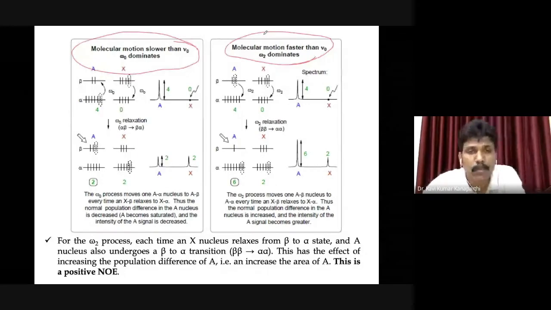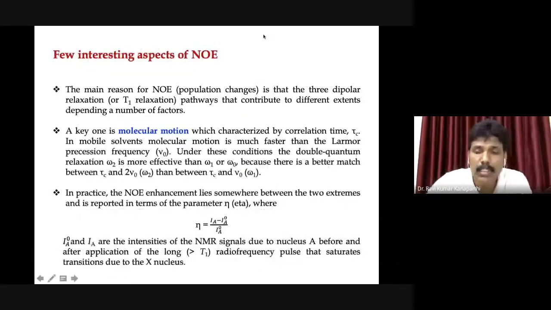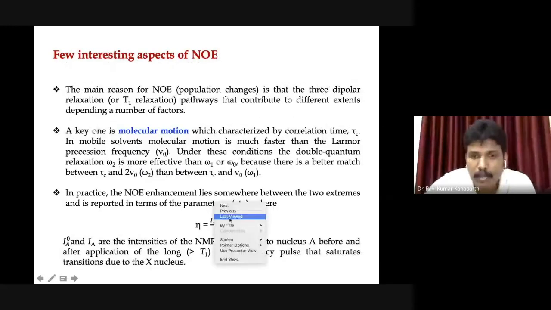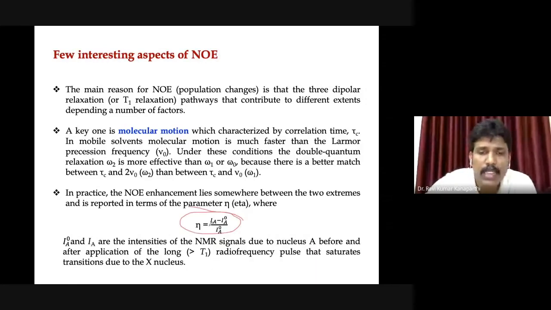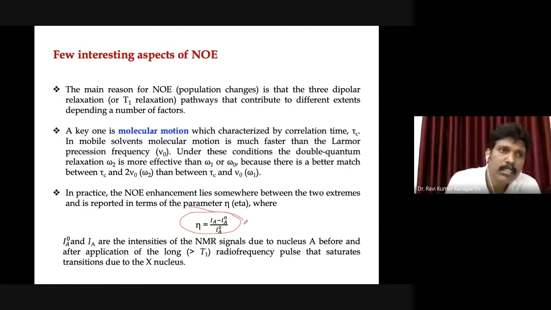So the molecular motion is the key factor, and the dipolar interaction is another factor. The NOE enhancement factor can be obtained by using this formula: the enhancement factor eta is equal to IA minus IA naught, divided by IA naught. What is IA? It is the signal intensity before and after applying the saturating pulse.